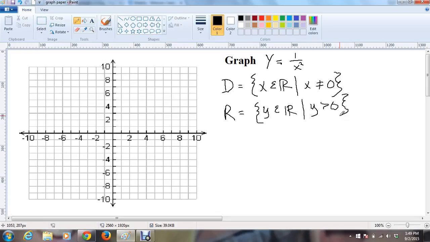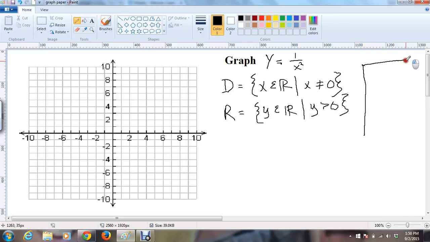All right, so we see that we can't touch the y-axis and we can't touch the x-axis either, because that's where y is 0. And we can't have a negative y, so we're never going to go below the x-axis in this graph. Now we think about what some things on this graph are going to be.